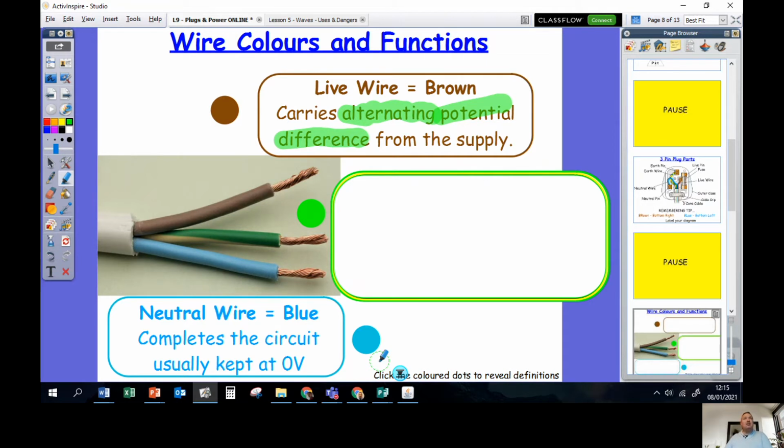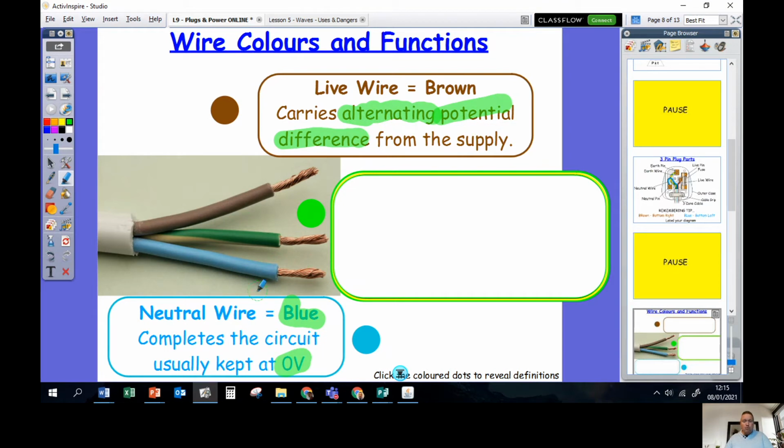So the neutral wire sits there at 0 volts. It's the other side of the circuit. So our blue neutral wire completes the circuit and it's usually sitting there at 0 volts. Live wire alternating or changing between plus and minus voltage. The neutral wire sitting there at 0 volts to complete the circuit.